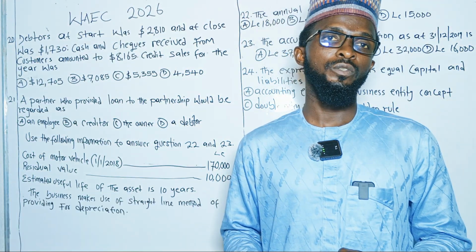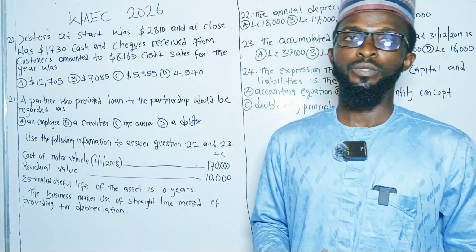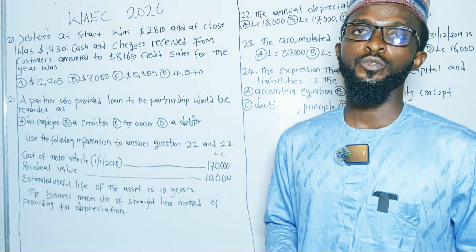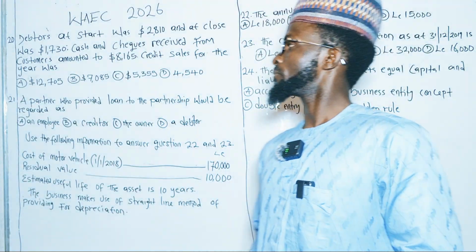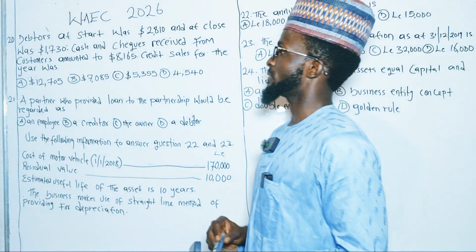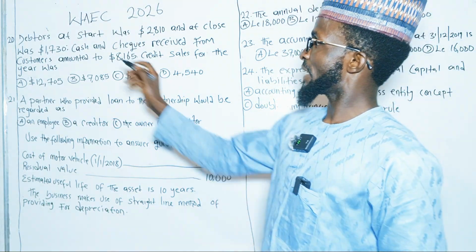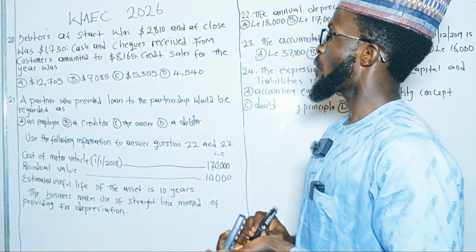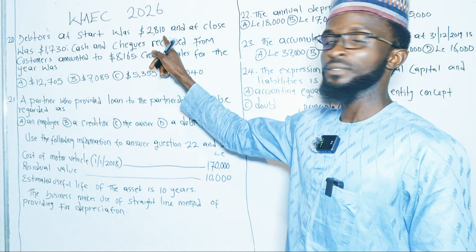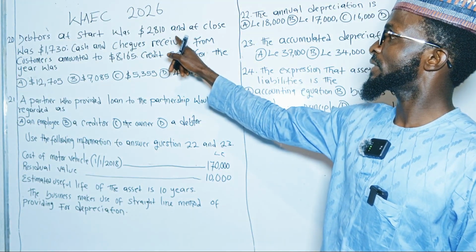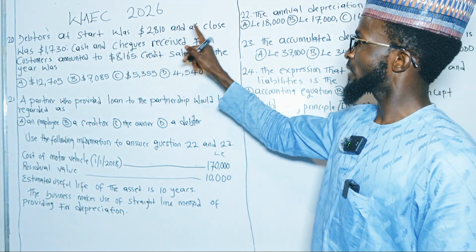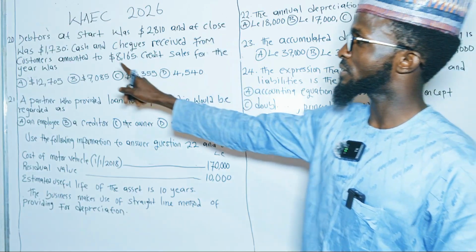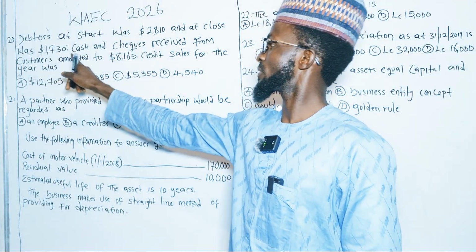We are going to continue from where we stopped with WAEC 2026. So, question 20. Debtors at start was $2,810 and at close was $1,730.